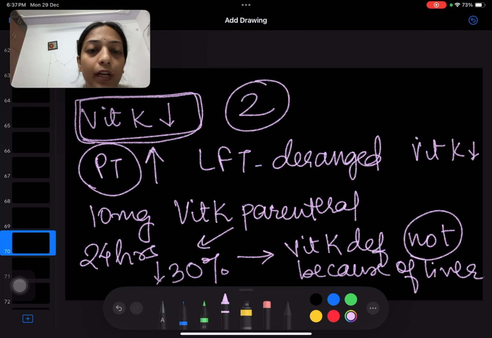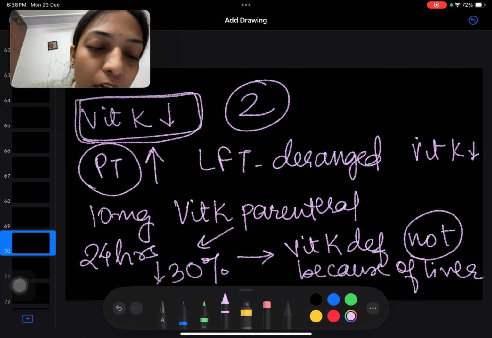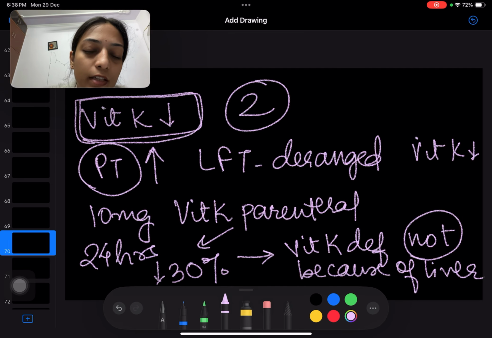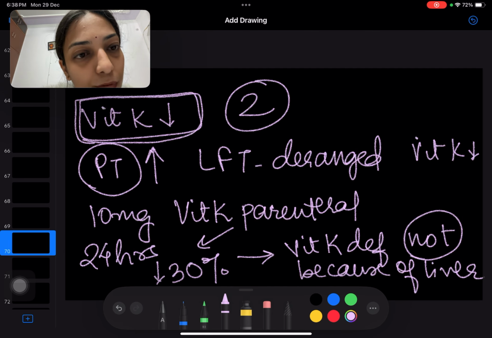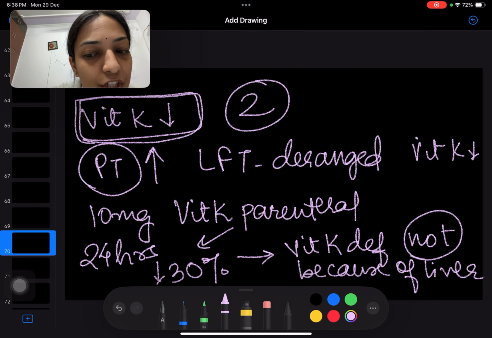So you may have such a situation where prothrombin time may be increased and LFT may be deranged, but you have to find out whether it is because of just plain vitamin K deficiency or whether it is because of compromised liver synthetic function. In that case, you give 1 ampule of vitamin K, phytomenadione 10 mg, and then after 24 hours, next day you send for prothrombin time again, and if it comes down, it means that it was pure vitamin K deficiency.